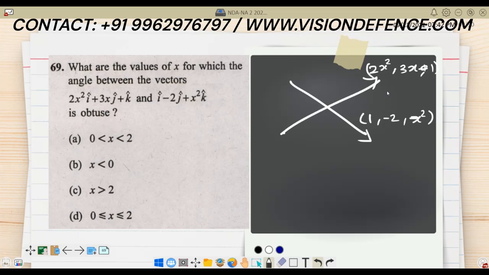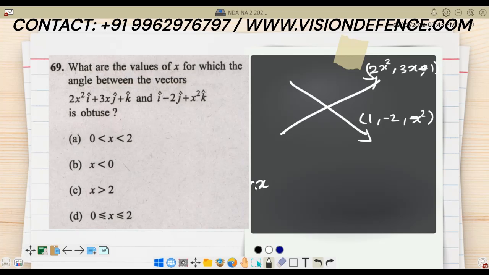The angle between them should be obtuse, so the dot product should be less than 0, because cos theta in the second quadrant, more than 90 degrees and less than 180 degrees, is negative. So we should get a negative value for the dot product.